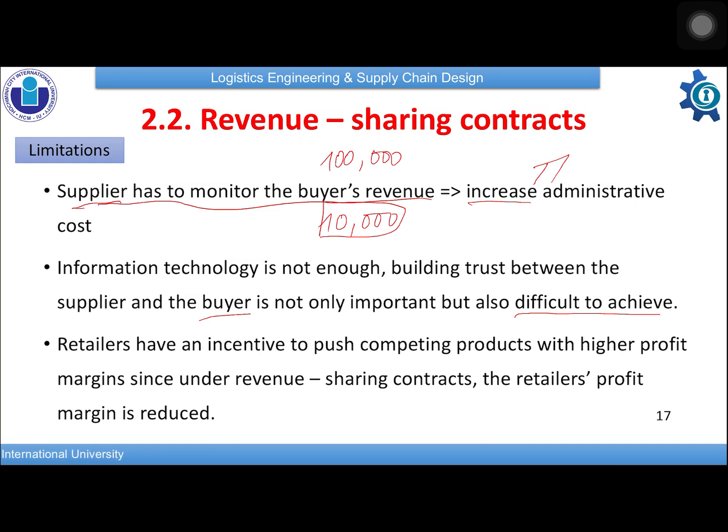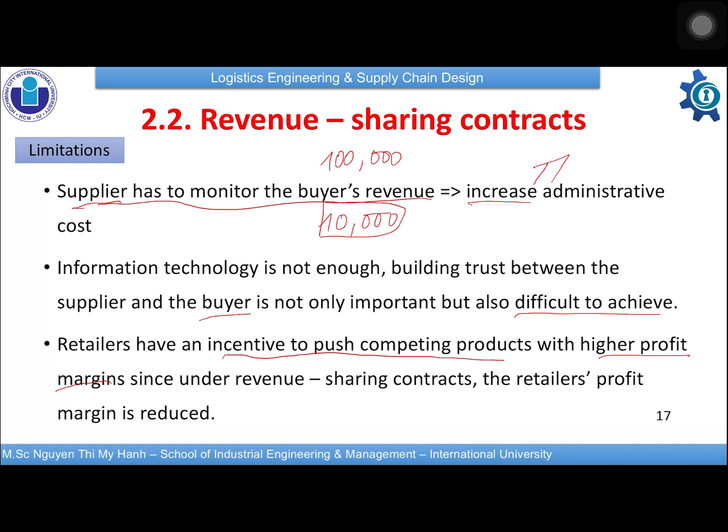Another main limitation is that the retailer will have an incentive to push competing products with higher profit margins. It means they will sell the competing products at a higher price so they can get higher profit margins, because under revenue sharing contracts the retailer's profit margin will reduce because they have to share the revenue with the supplier.